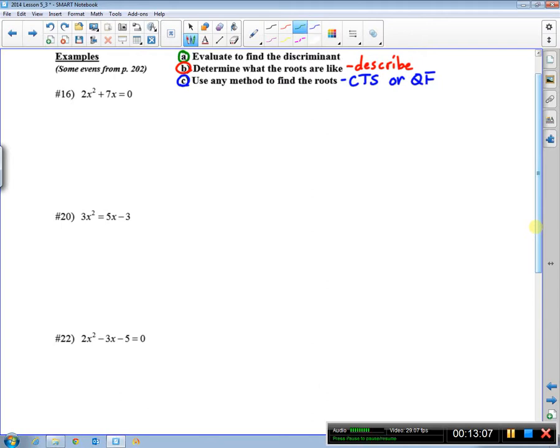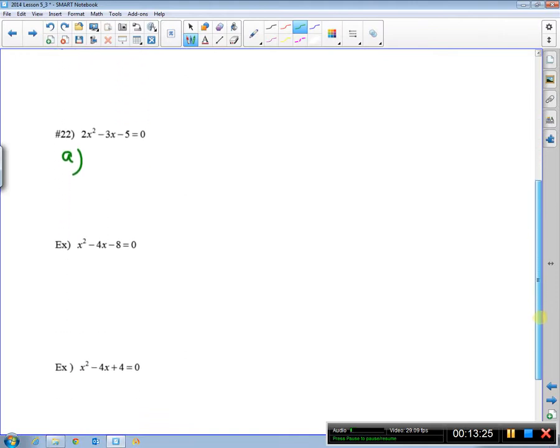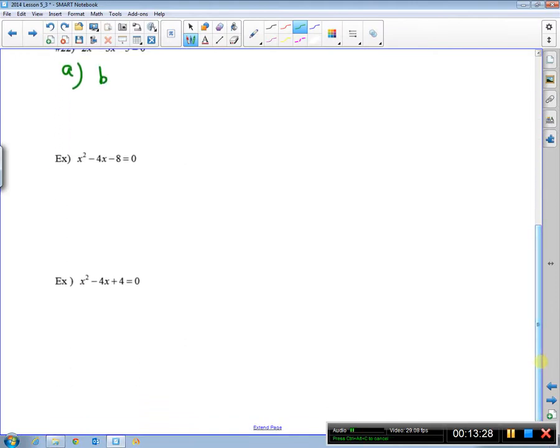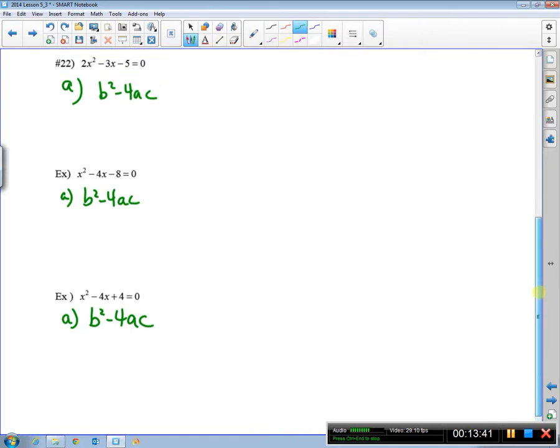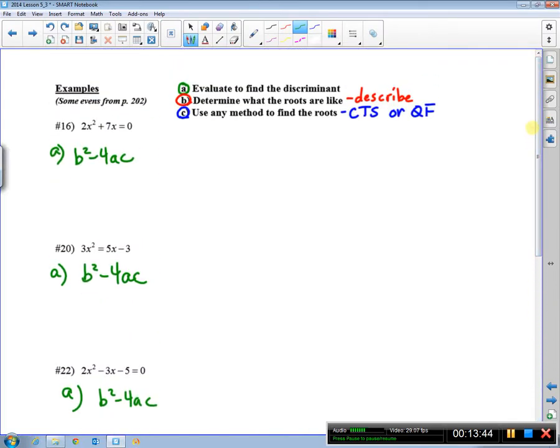So first let's just go all the way down and find the discriminant. So we're going to do this all the way down. That's what this section's about. B squared minus 4AC. No radical, just B squared minus 4AC.